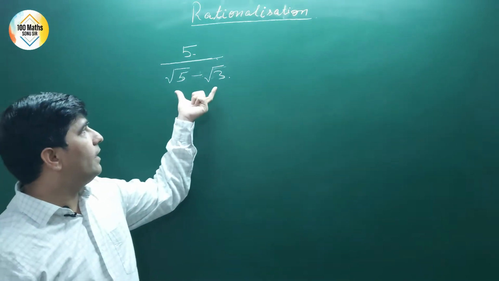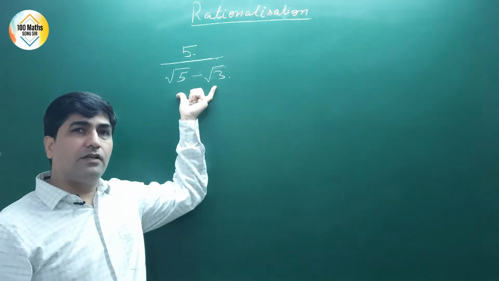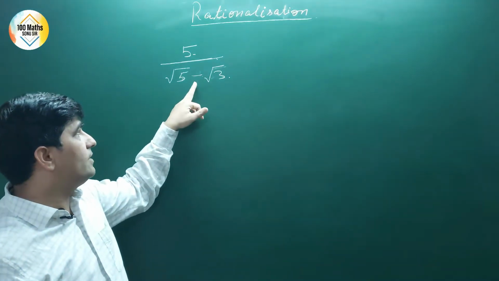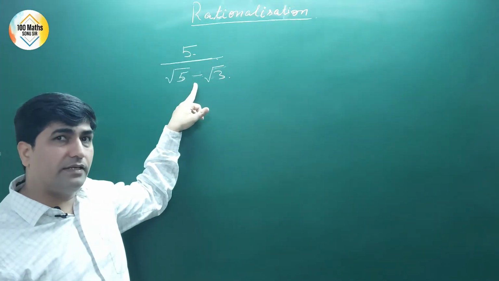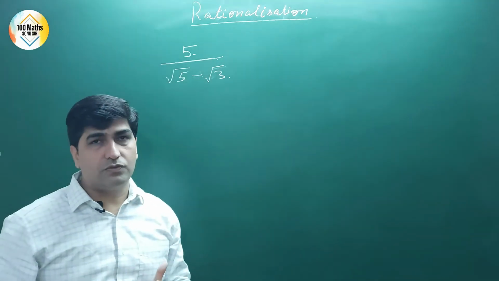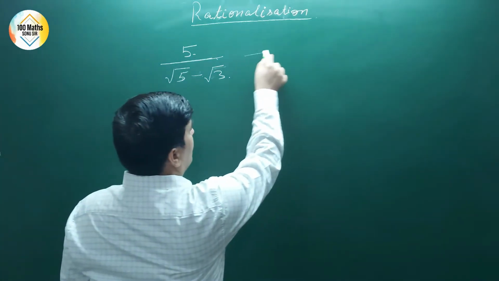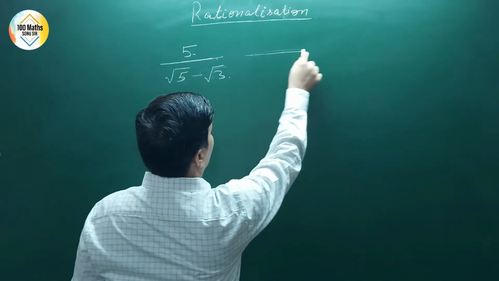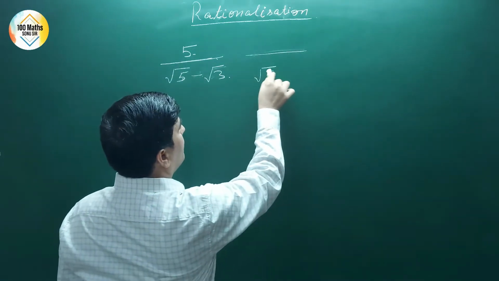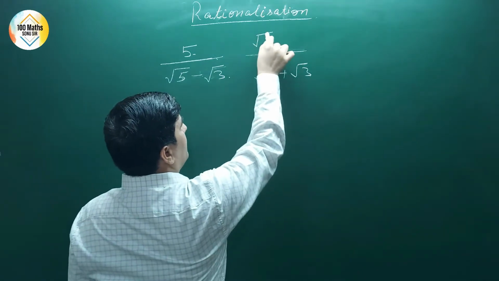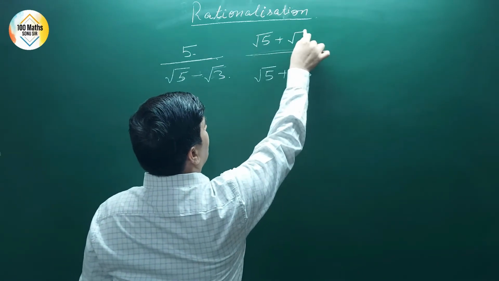So whatever is our expression, right, we will decide its rationalizing factor by changing the middle sign, the sign which is coming between these two terms. So change this sign, it will become root 5 plus root 3, and same we will multiply with numerator.